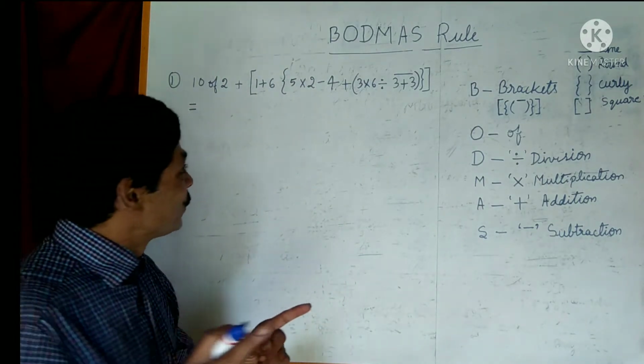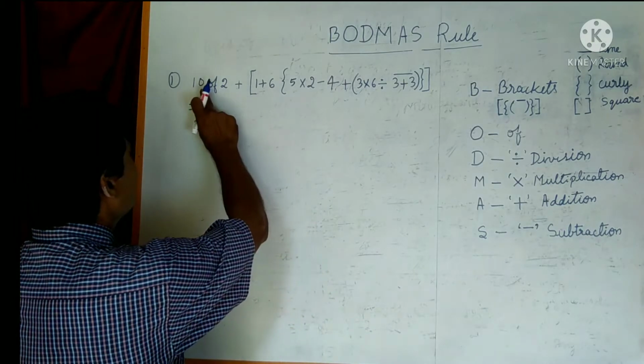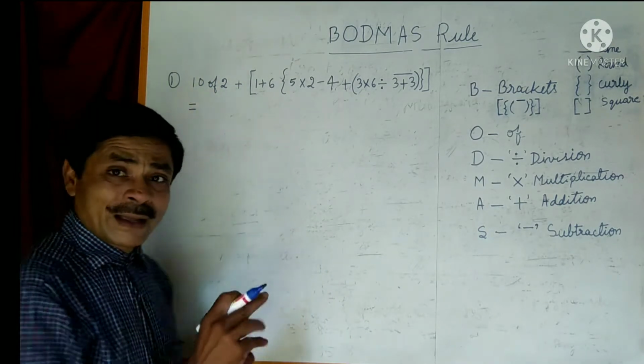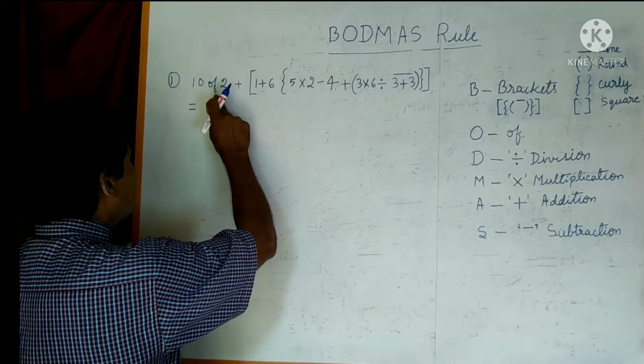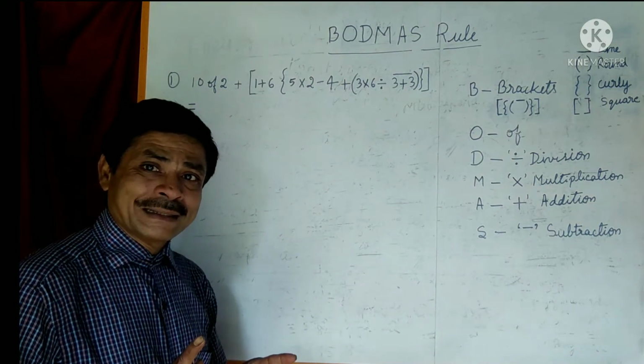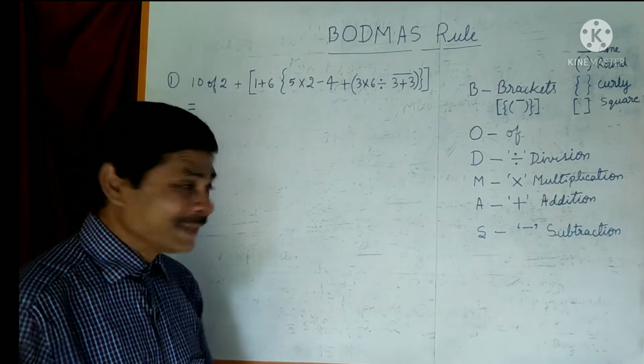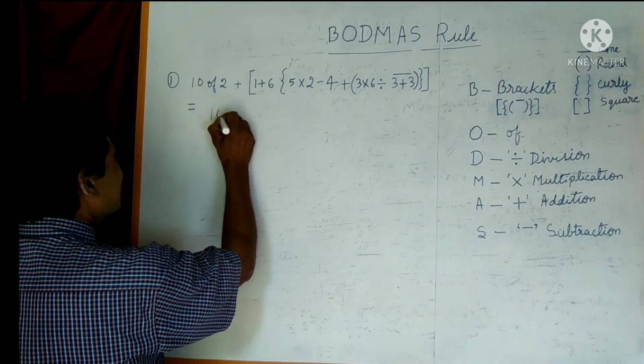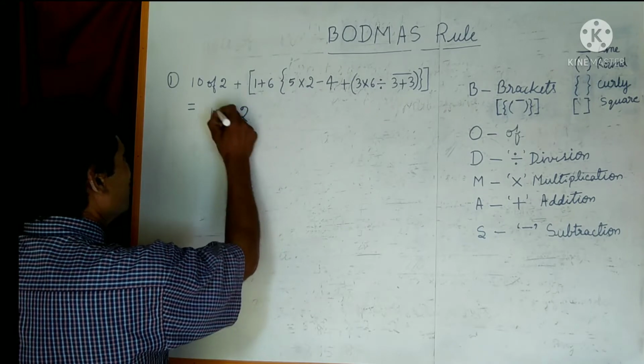First, what do we have to do? First we have to convert "10 of 2" and write it as 10 into 2, and let us solve the line bracket first. Okay? It is equal to 10 into 2.